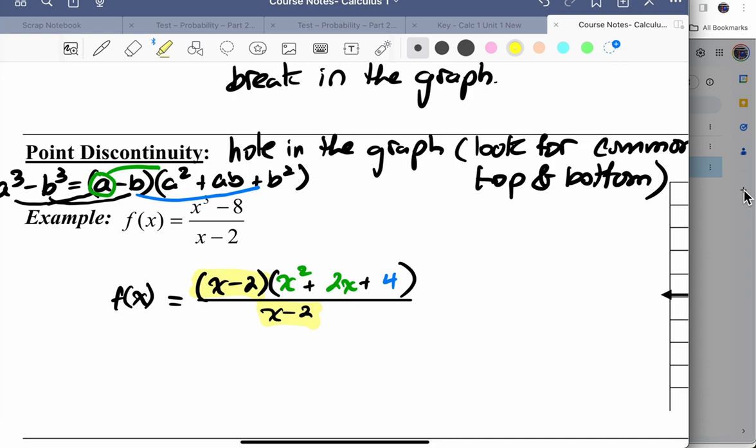You could find x-intercepts, you could find y-intercepts, you could find points of discontinuity, you could determine end behavior, you could determine whether it's increasing or decreasing. Right. So any factor that involves a variable could impact any of those things.